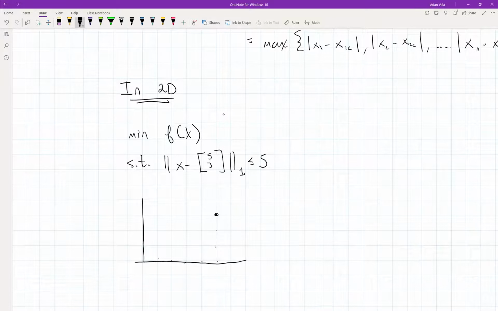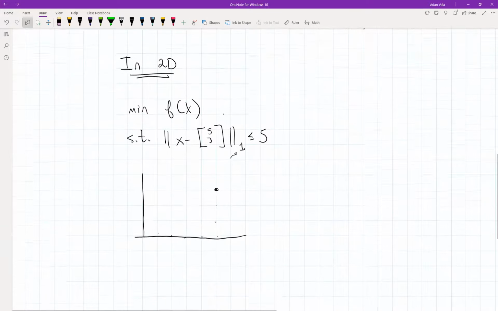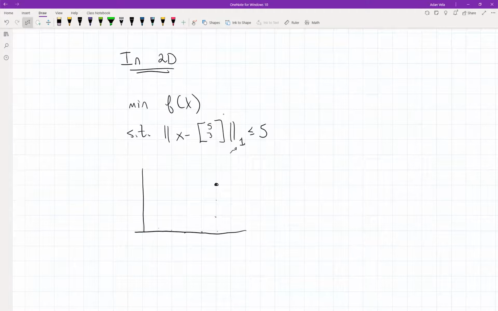Normally, let's say this was an L2 norm, we would draw a circle of radius 5. Oh, and actually, let me pick a smaller number so we can make this a little bit easier. Say 2.